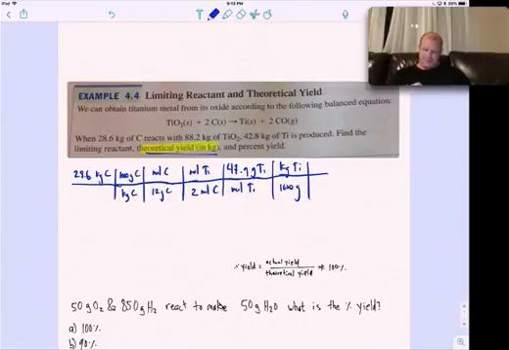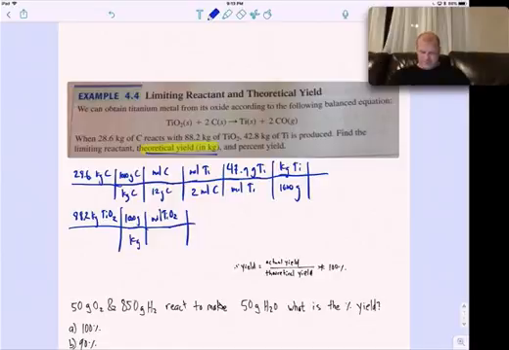Do the same thing for titanium dioxide. We have 88.2 kilogram titanium dioxide, 1,000 grams per kilogram. Then mole TiO2. So what is the molecular weight? It's titanium, so it's 47.9 plus 32, because 16 times 2 is 32. So that is 79.9 grams TiO2.